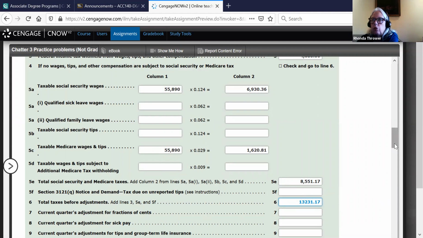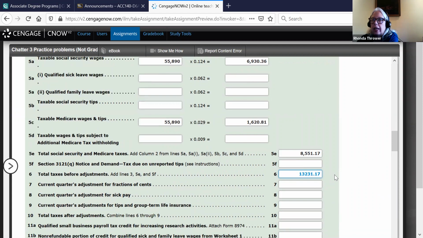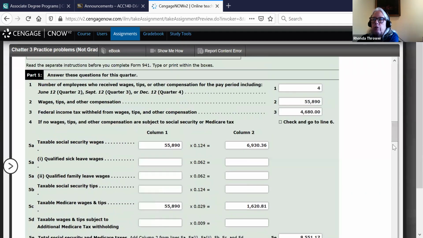All right, then you're going to move to line 10 according to your hints and your instructions. Line 10 wants you to put down the total taxes that you deposited.